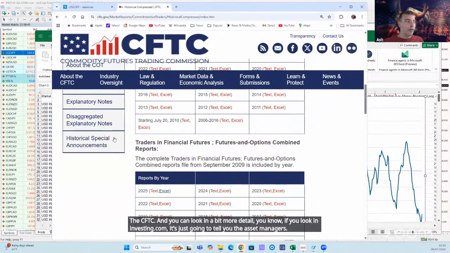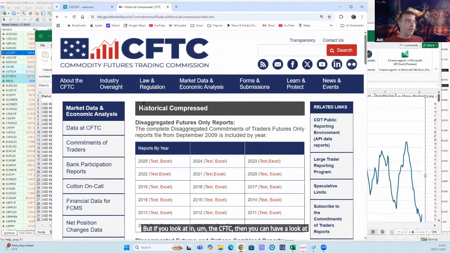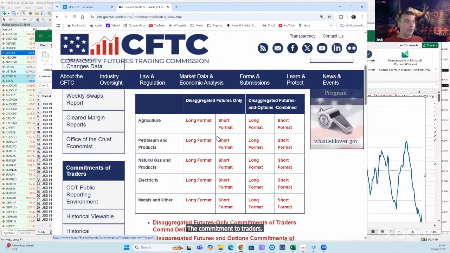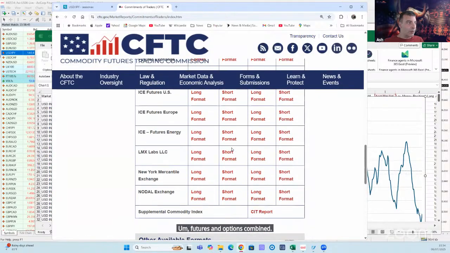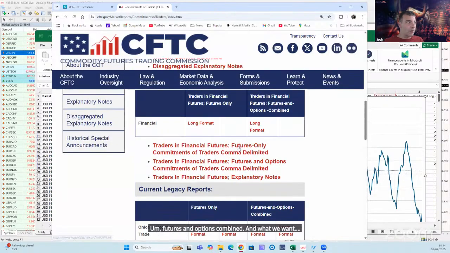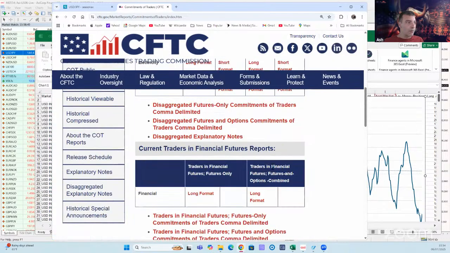But if you look in the CFTC, then you can have a look at the commitment of traders and look at the financial futures and options combined.